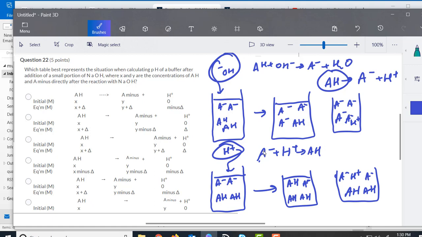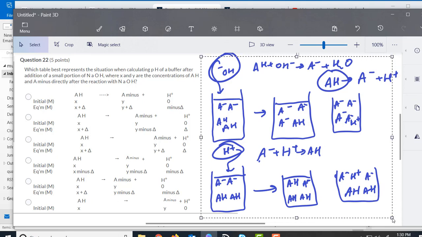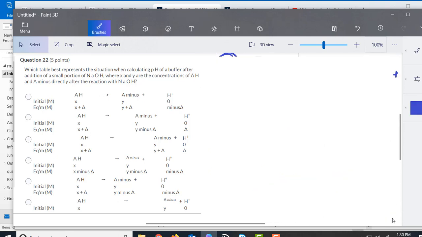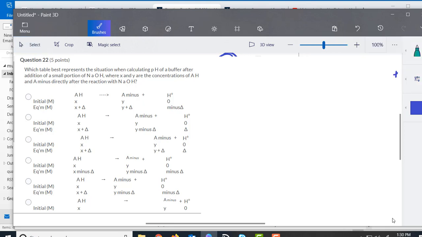So what does that mean to us as far as the table goes? Well, I'll select this and get rid of some of this so we can have a bit more room. What's happening is that we have our reaction, which in essence is really just the AH going to A minus and H plus, because that's all that's happening in the solution.